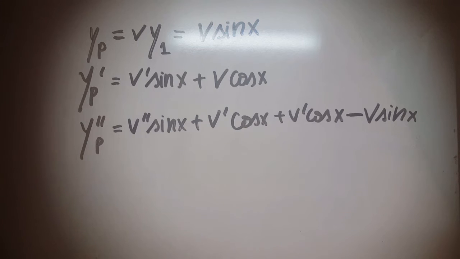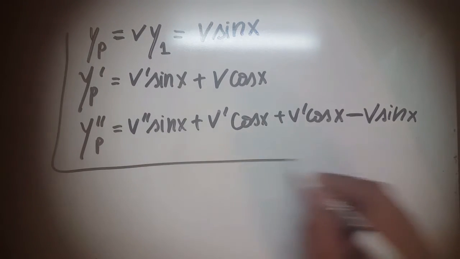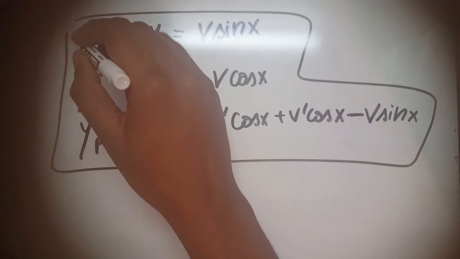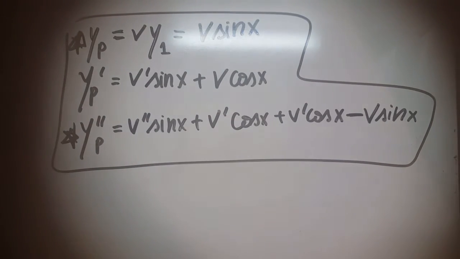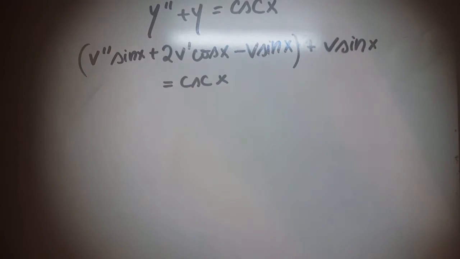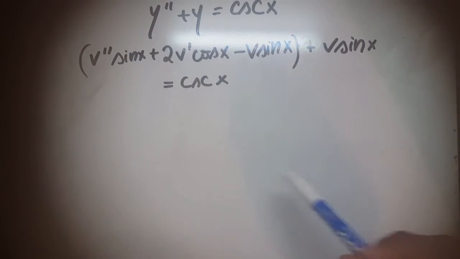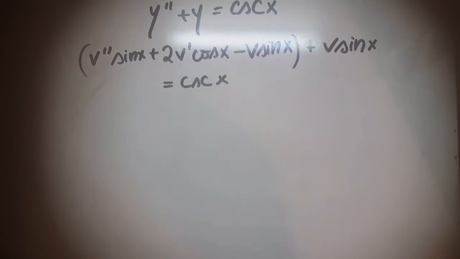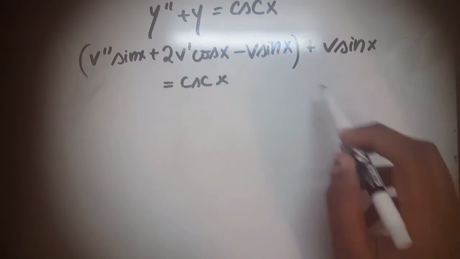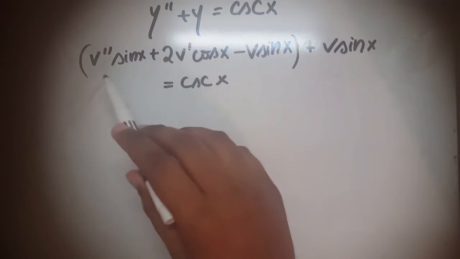With these values, specifically these two, we can finally advance to finding our y sub p. I took the liberty to substitute y sub p and its derivatives into the equation, so we get this equation.